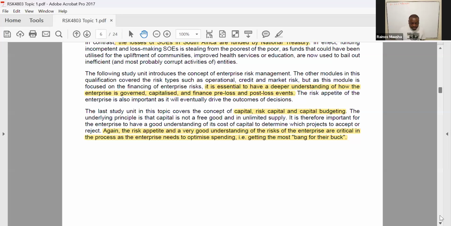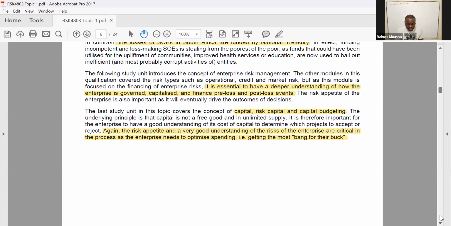So the underlying principle is that capital is not a free good and is not in unlimited supply, which means that there is a limited supply of capital. So it is therefore important for the enterprise to have a good understanding of its costs of capital to determine which projects to accept or reject.